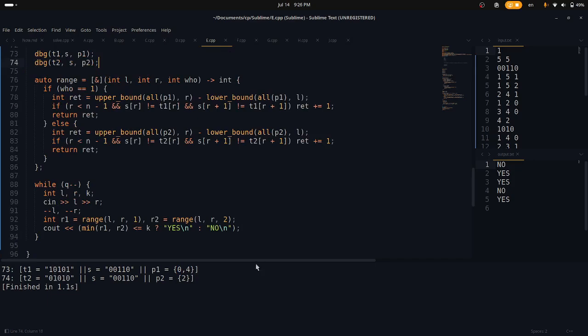And this ends at 4. This is here. Right, and is this one. Ends it there. That's true. So debug LRK.